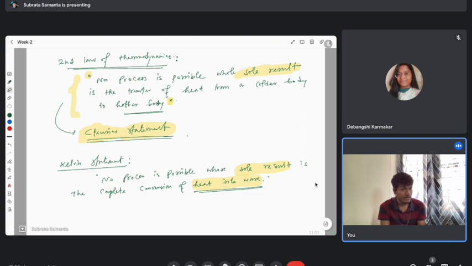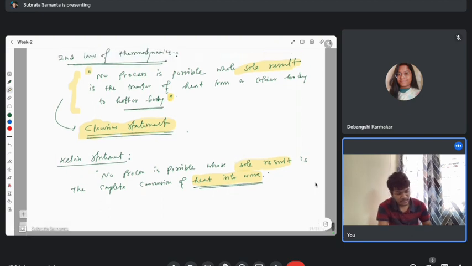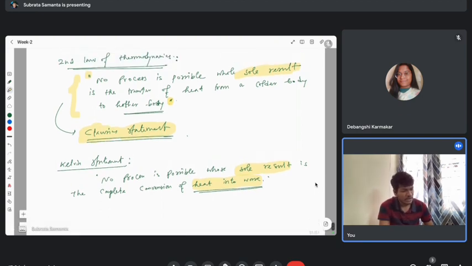The complete conversion of heat into work is not possible, but the complete conversion of work into heat is possible. That's why the Kelvin statement is different from the Clausius statement. One can show that the two are equivalent, but they are two different concepts.